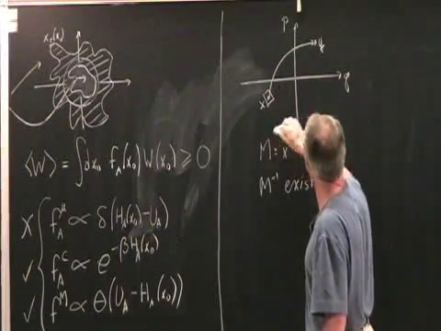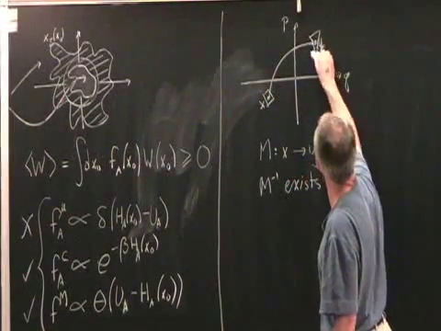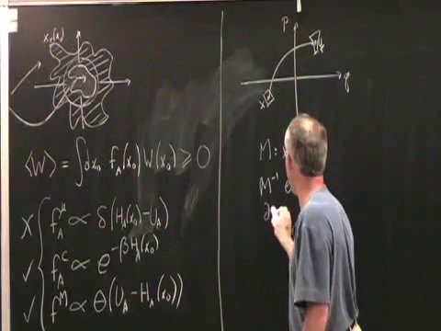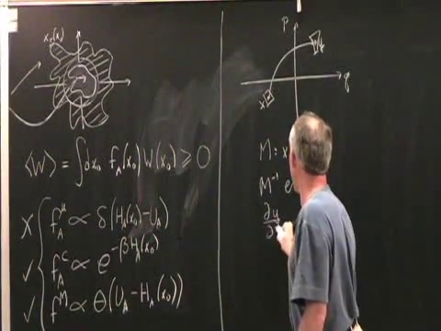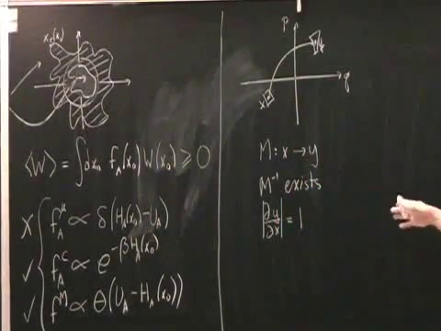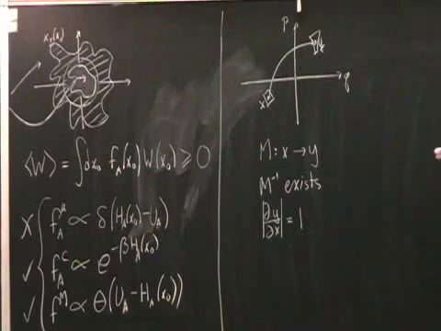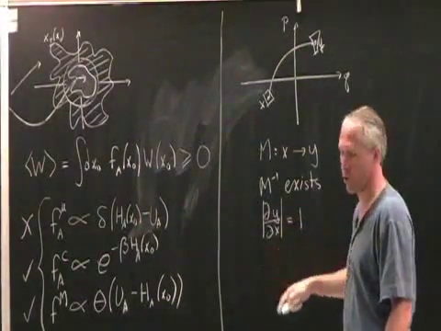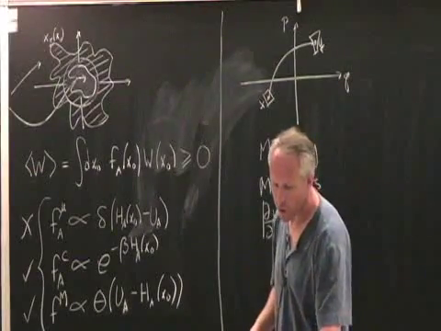And number 2, I'll assume that this mapping preserves volume in phase space. So a little cell of some volume here gets mapped onto a cell which has the same volume over here. So another way of saying that is that the Jacobian associated with this mapping is equal to 1. And again, the Jacobian is that expression that I had up yesterday that involved the determinant of this partial derivative matrix. All right.